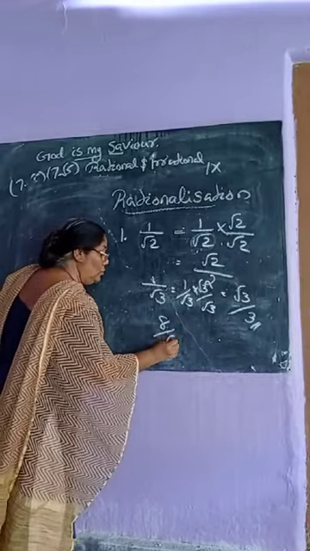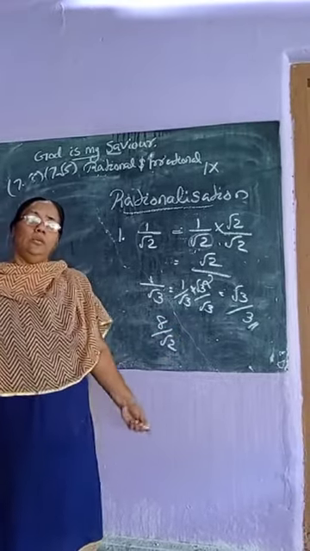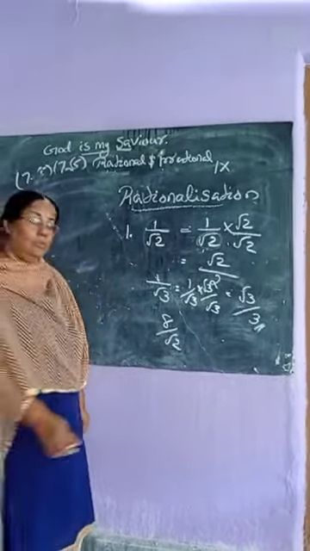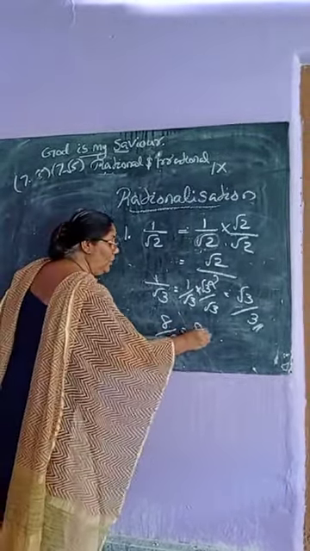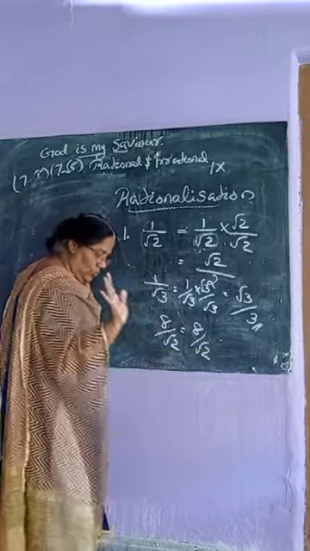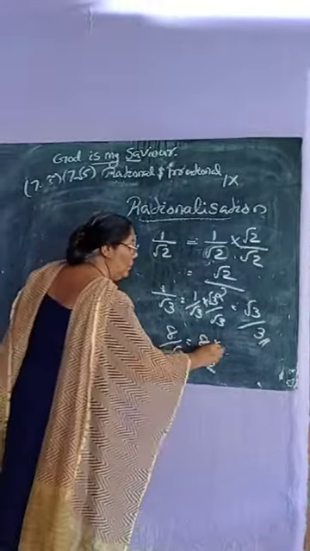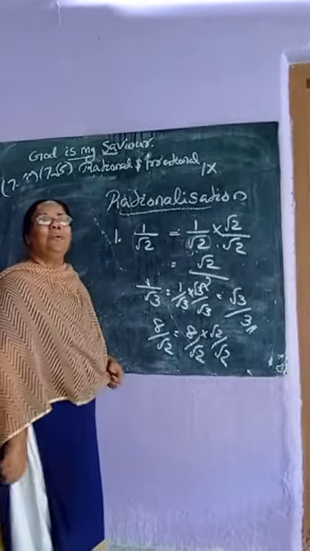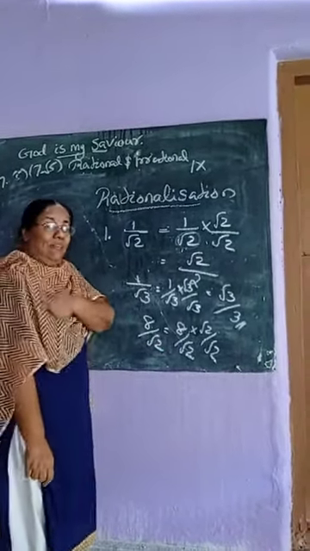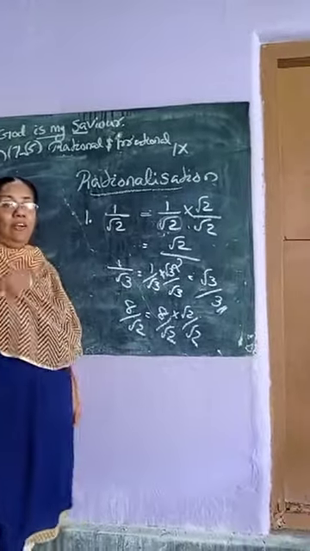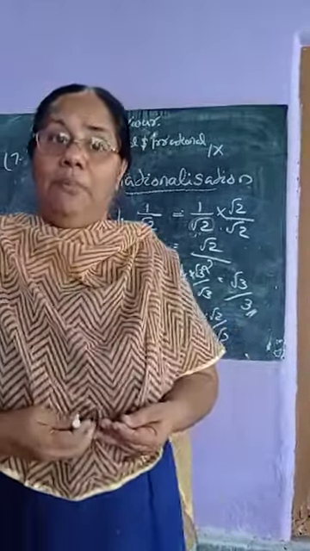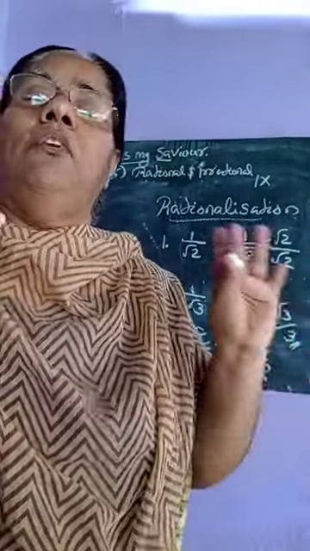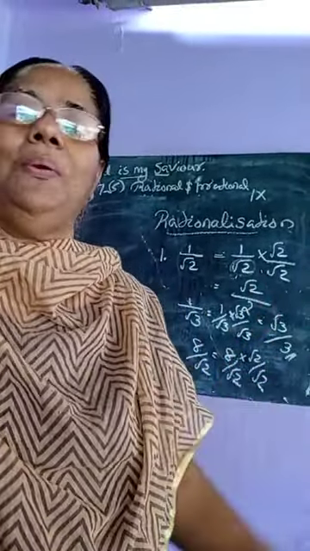Now, what is the answer for 8 by root 2? Suppose in the numerator 8 is there. How can you do that? 8 by root 2 we write first, then root 2 by root 2. Here the denominator number is root 2, therefore multiply and divide. If anyone asks you how to rationalize a number, say the answer: here the denominator is root 2, therefore we multiply and divide by root 2.